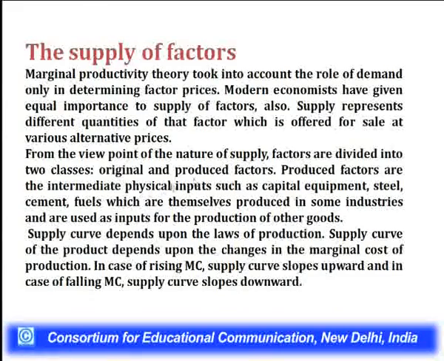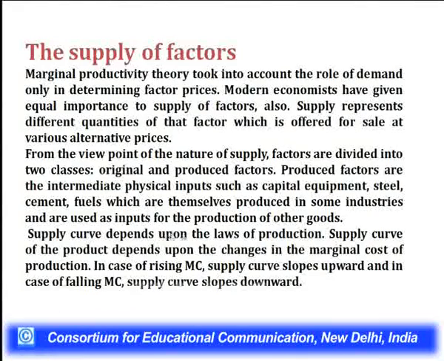From the viewpoint of the nature of supply, factors are divided into two classes: original and produced factors. Produced factors are the intermediate physical inputs such as capital equipment, steel, cement, fuels, which are themselves produced in some industries and are used as inputs for the production of other goods.